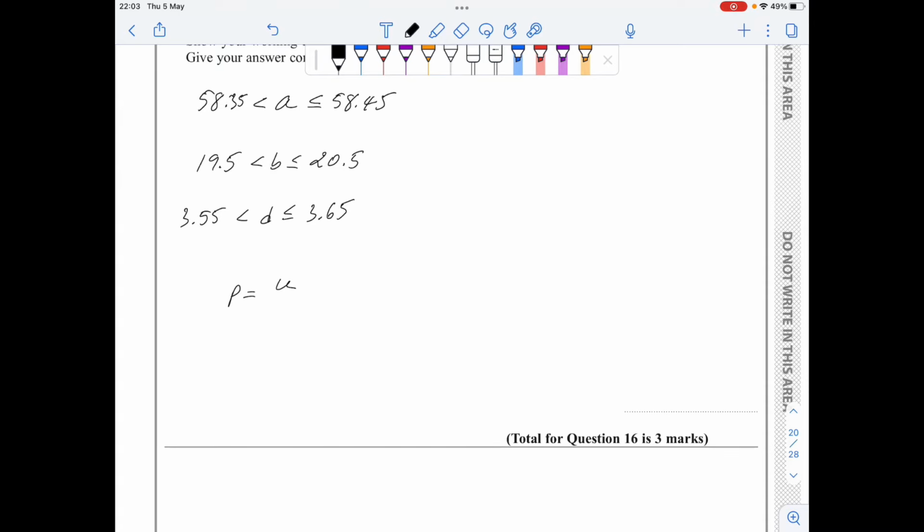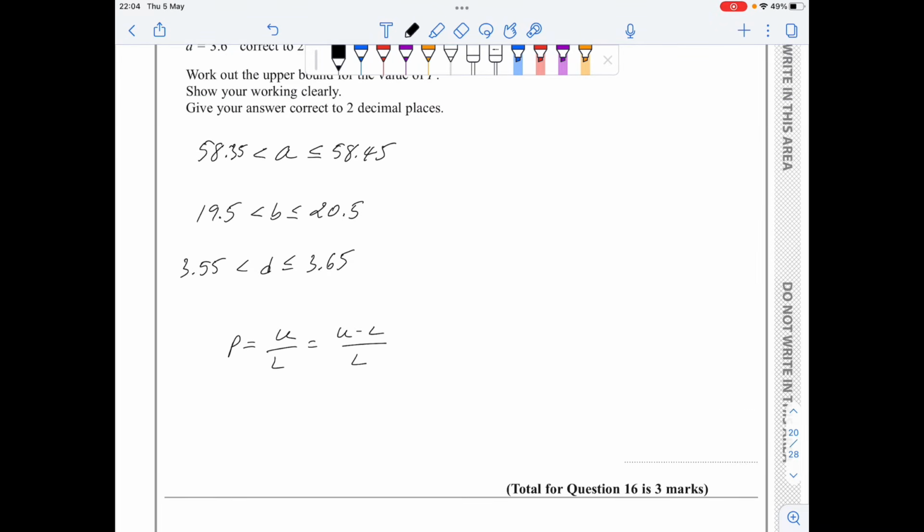in the upper bound of the numerator and the lower bound for the denominator. Now, since I've got a subtraction in the numerator, I'll need the upper bound of the first number minus the lower bound of the second, which means I will use the following numbers: 58.45, 19.5, and 3.55.